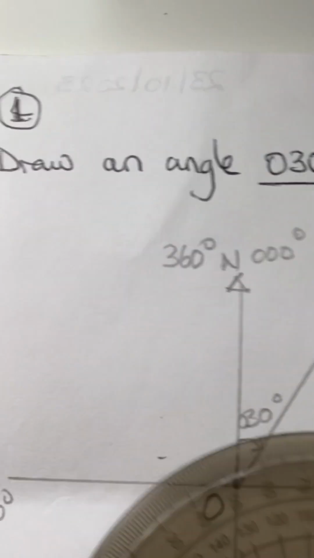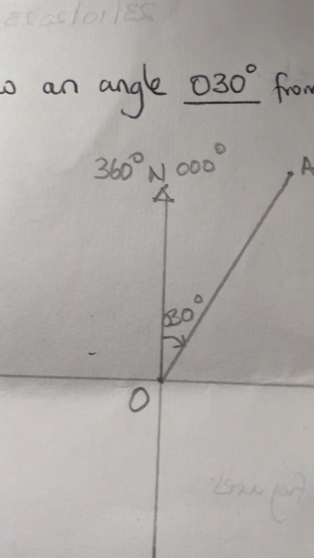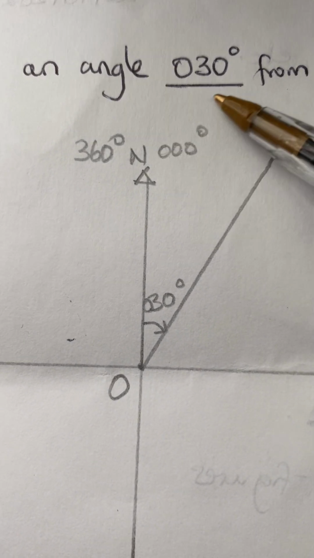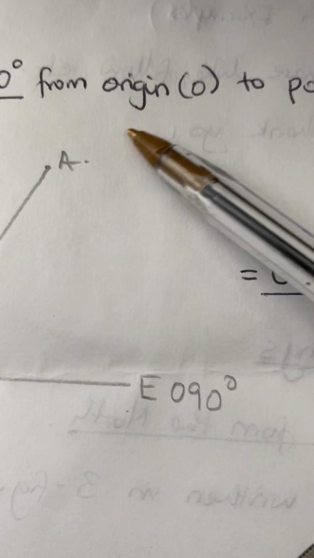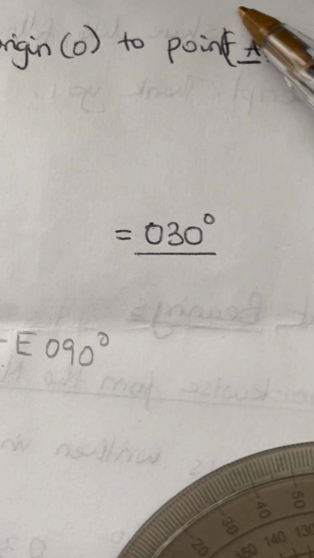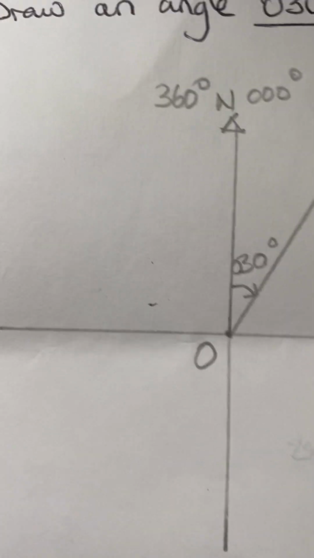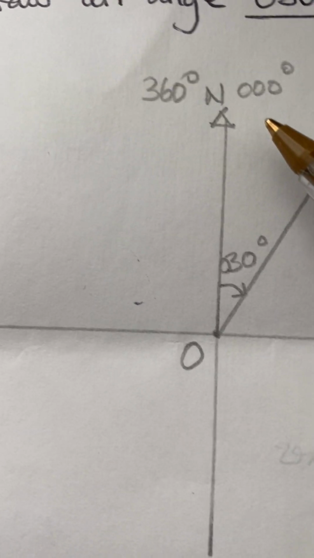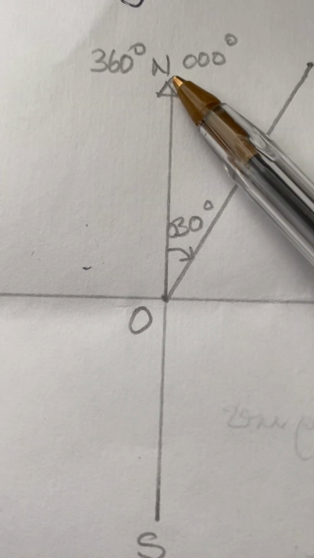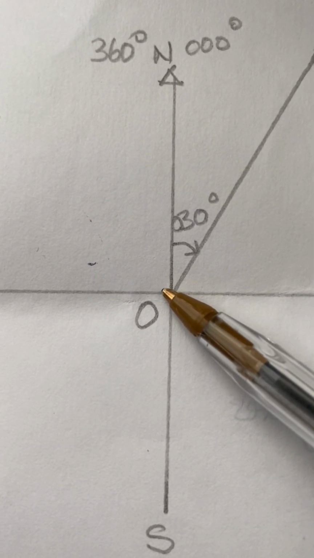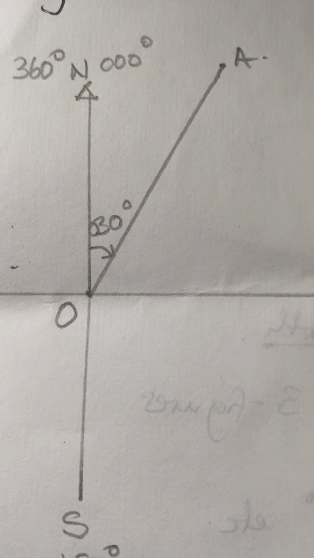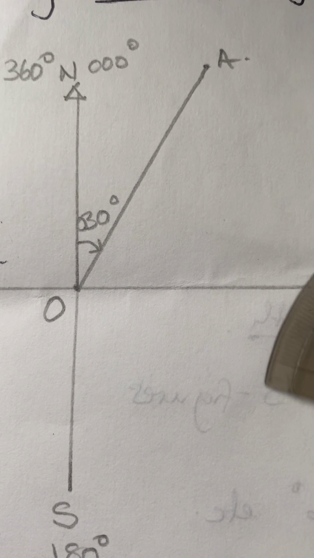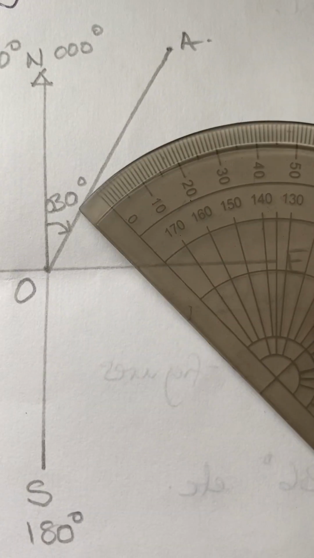Now it says draw an angle 030 degrees, in 3 figures, from the origin to point B. This is the north, that is the origin, and that is A. So what I'm going to do is measure 30 degrees.